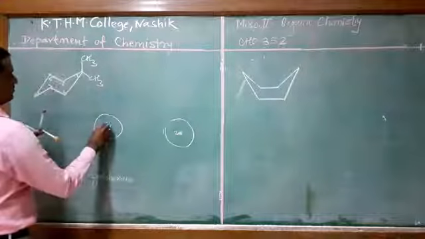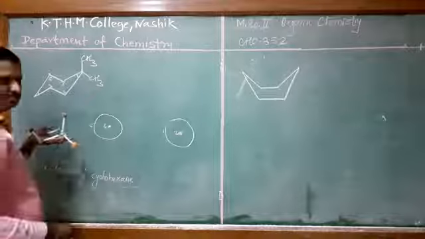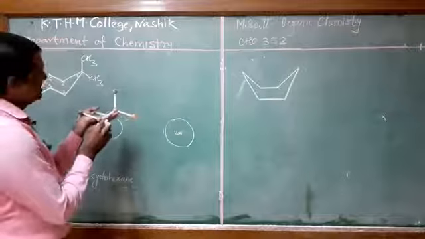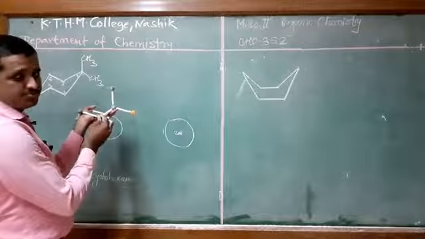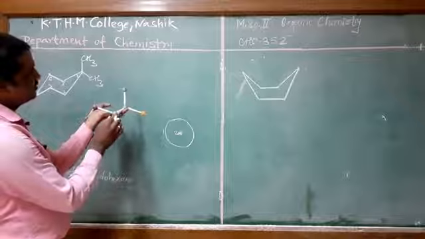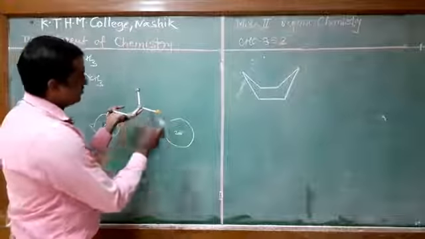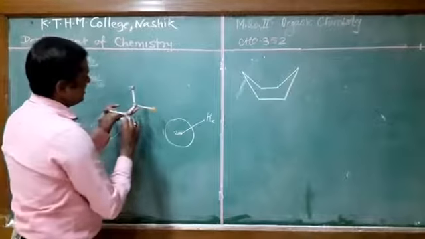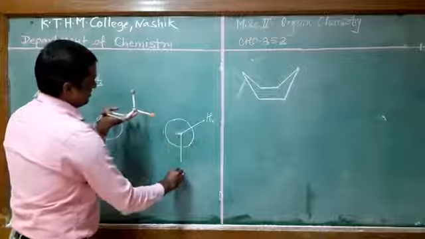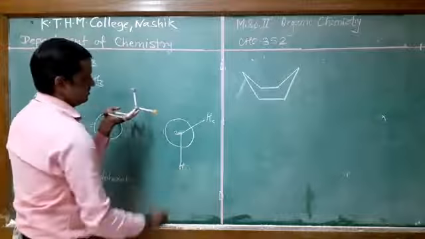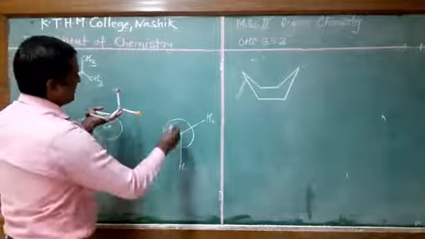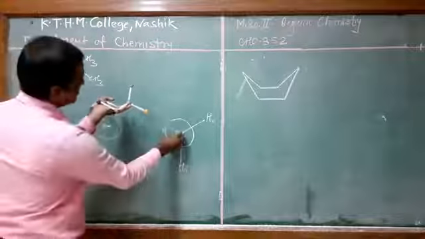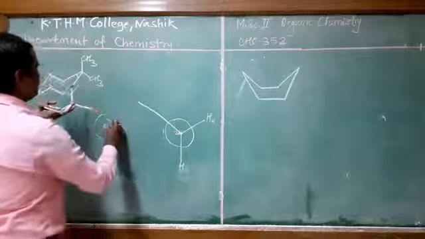For carbon number 4, carbon number 5 is the backside carbon atom. Carbon number 2 has two substituents, actually two hydrogens. First we draw an equatorial hydrogen in the upward direction, right hand side, and an axial hydrogen in the downward direction, and from the upward direction, left hand side, it is connected to carbon number 3.